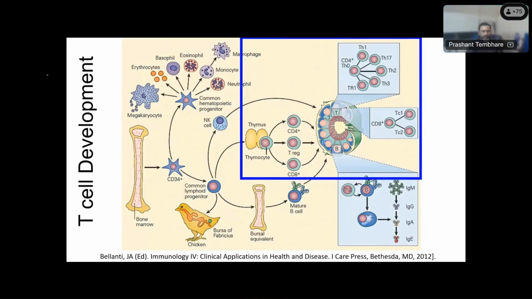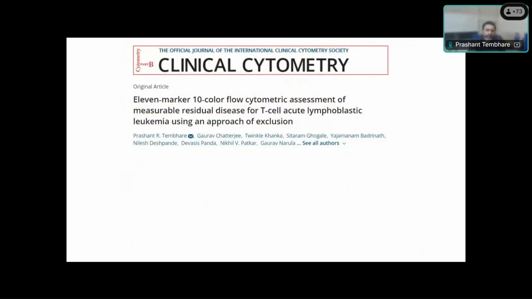So stem cells first, we know the bone marrow has stem cells, the common lymphoid precursor, and this common lymphoid progenitor develops into NK cells, B cells, and some of the cells move to the thymus where they develop into T cells. So T cell development happens in the thymus, right?